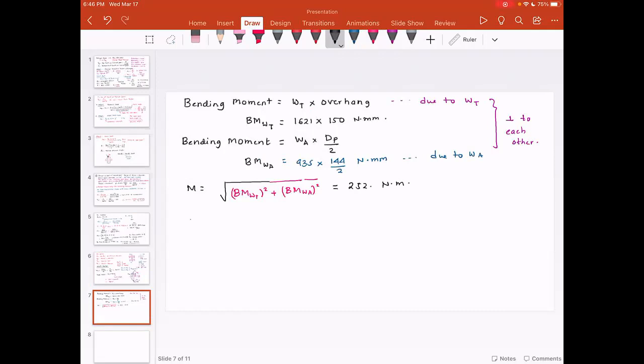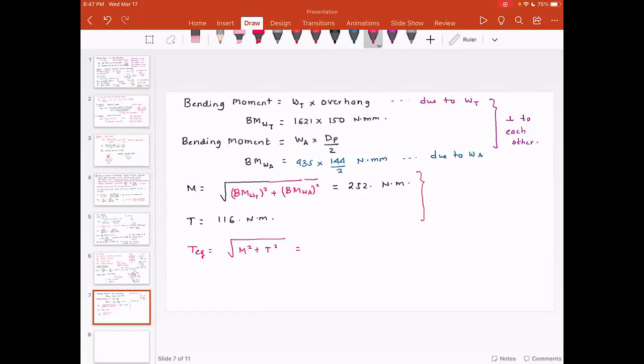We also know that there is a torque, which is T, and the torque is 116 Newton meter. So what this means is now we have the simultaneous action of moment and torque. That gives me T equivalent, which is square root of M square plus T square.